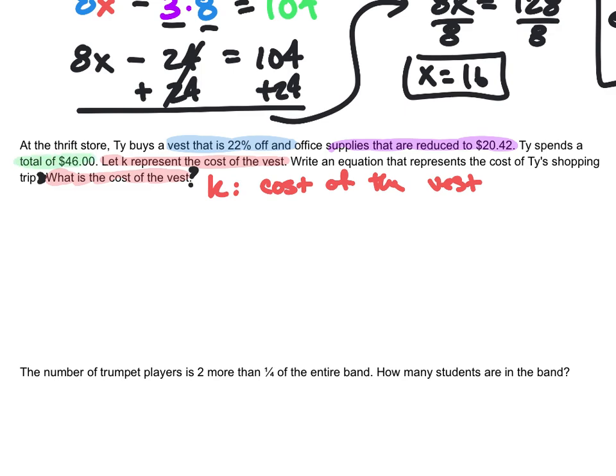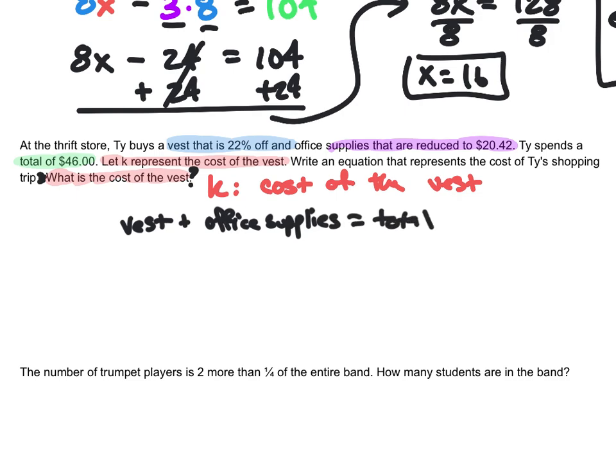So from all this information, I've got a couple things. What I want to think about is to set this up: we have the vest plus office supplies equals the total.